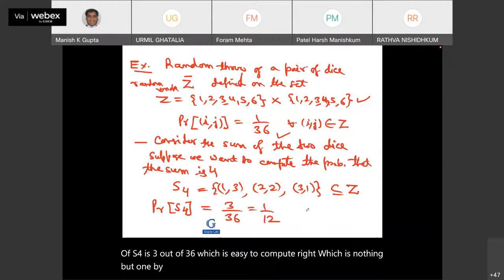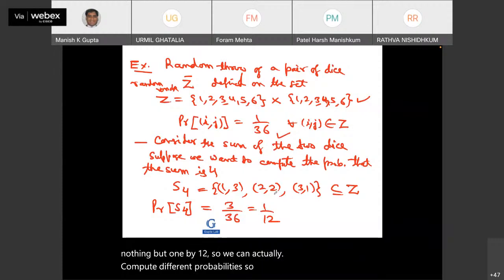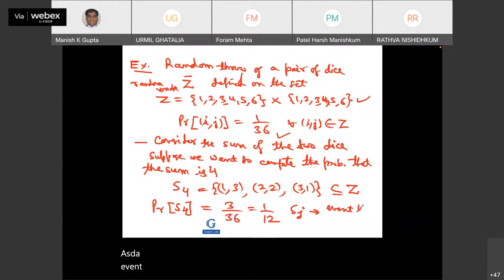So we can actually compute different probabilities. If I define Sj as the event that the sum is j, it is easy to compute the probabilities for each of them.